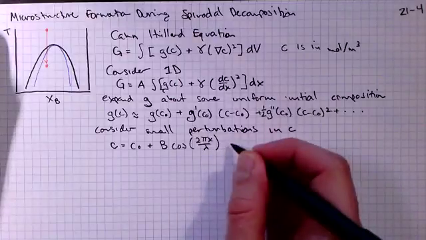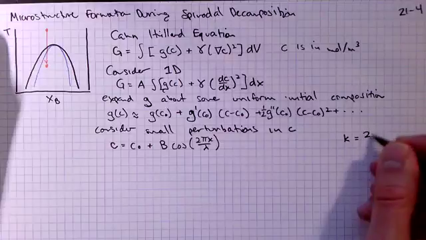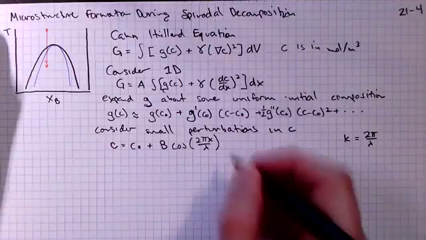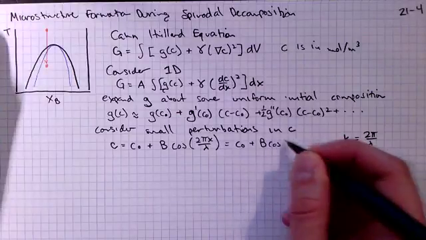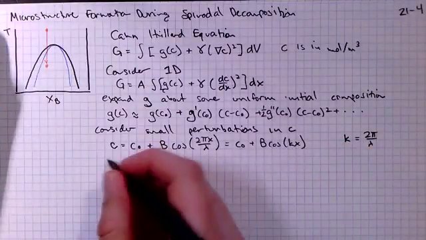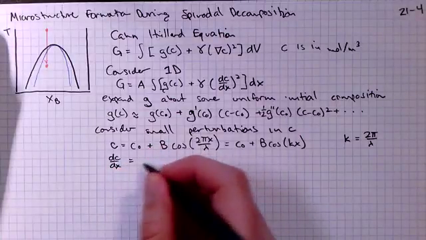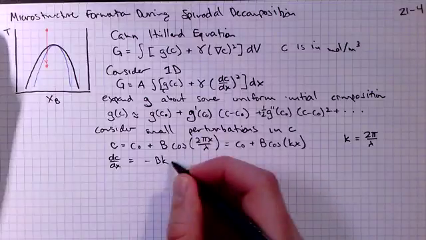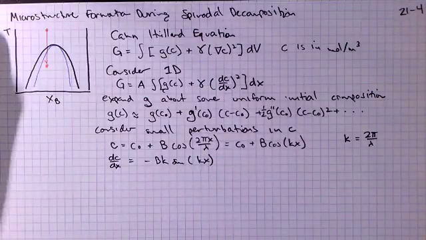Or in other words, we can define a wave vector k as 2 pi over lambda, and so oftentimes we would write this C0 plus B cosine kx. Okay, and then our derivative dC/dx would just be given by minus B times k times sine kx, right?